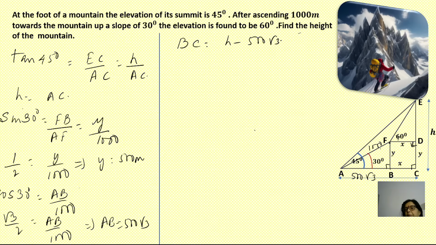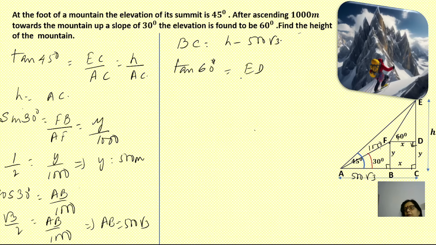Now if you look at this figure, FDCB becomes a rectangle. This is X, this is Y, these are 90 degrees, so automatically this becomes a rectangle. Now let us take this triangle EDF. From here we get tan 60 degrees is equal to ED upon FD.